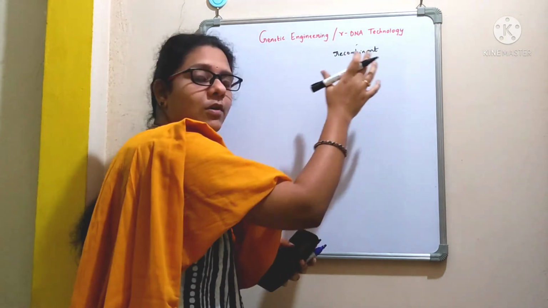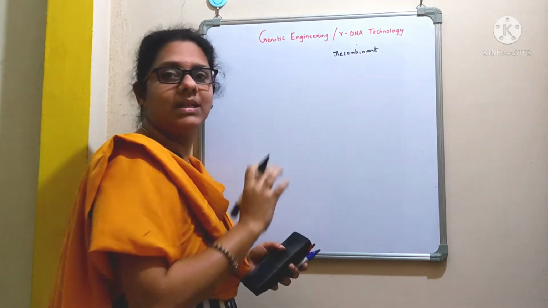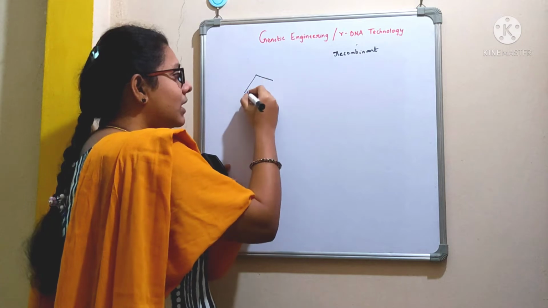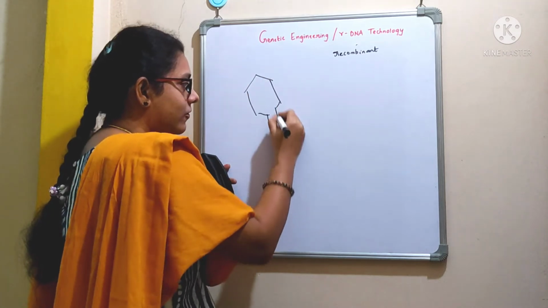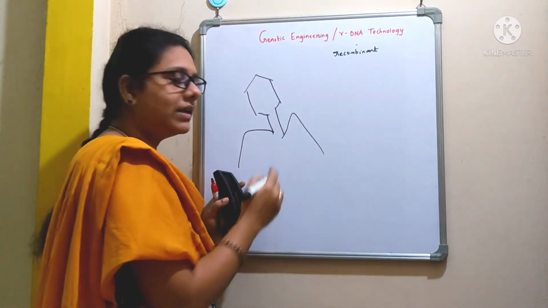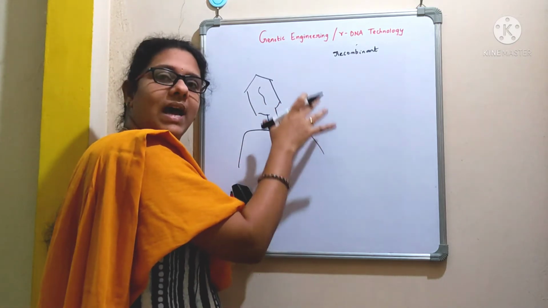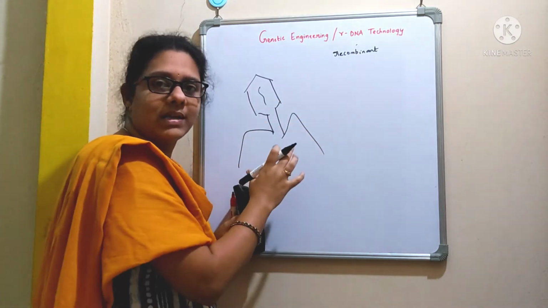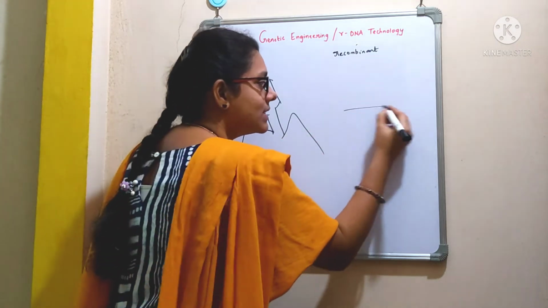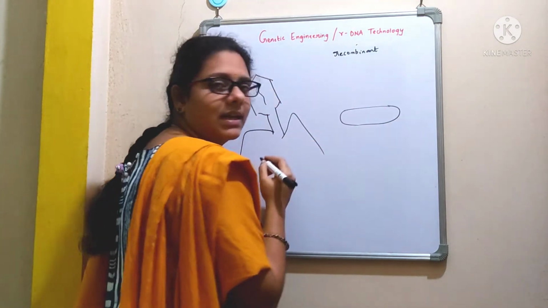Generally, this process of recombination occurs in nature. For example, take a bacteriophage. What is meant by a bacteriophage? Viruses that infect bacteria are called bacteriophages. For example, this is a bacterial cell, right?